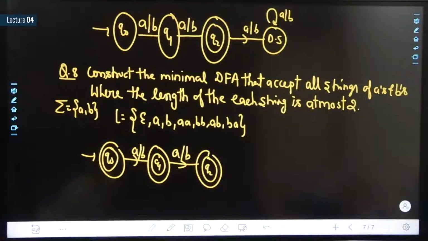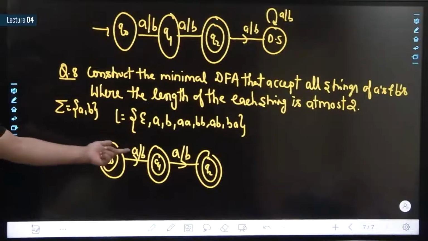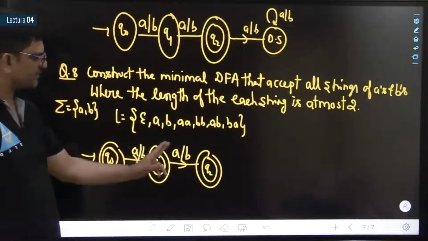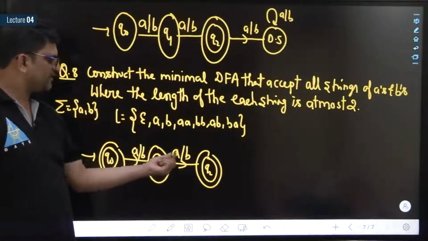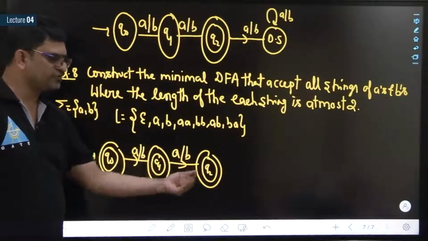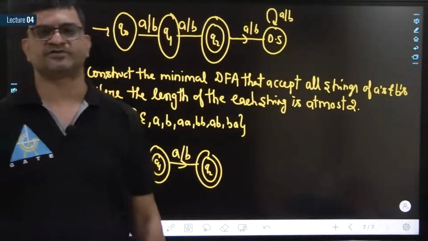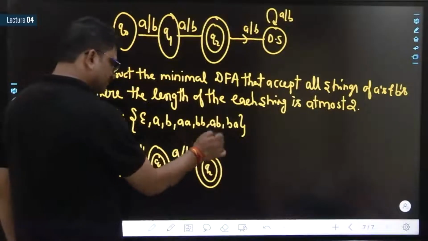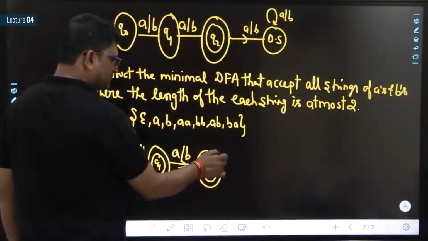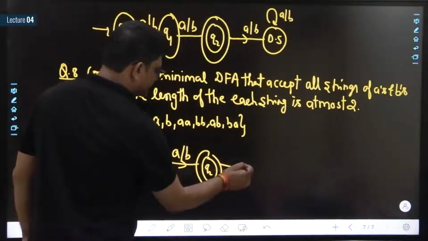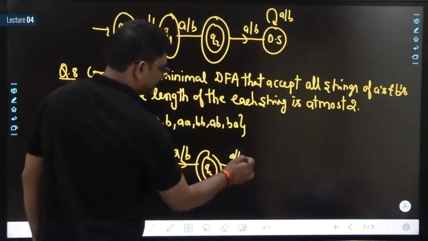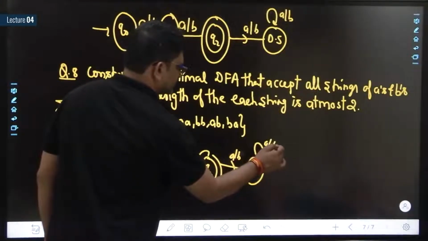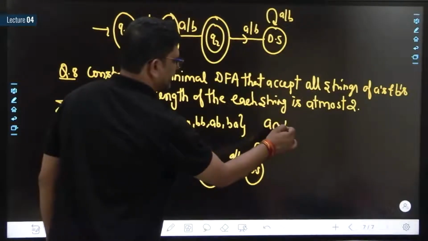Make this diagram a DFA. Q0 has one transition for A, one transition for B. Q1 has one transition for A, one transition for B. But Q2 does not have any transition on input symbols. If A and B come to this state, then it goes into the dead state. Suppose we have a string AAB.